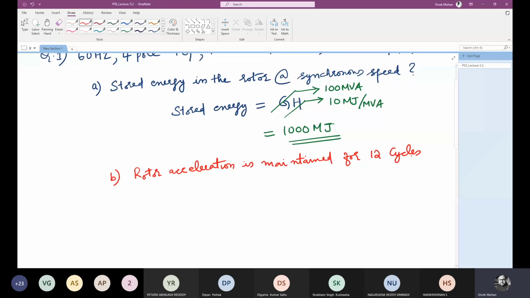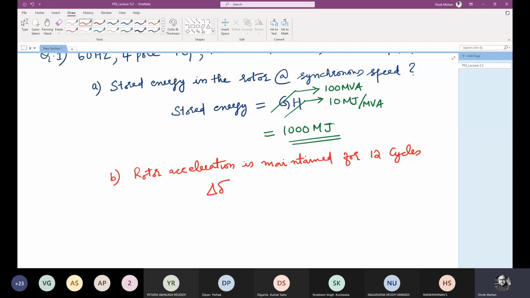The change in torque angle is delta del. You are asked to find the rotor speed in RPM also, at the end of this 12-cycle period: what is the change in speed and change in torque angle?